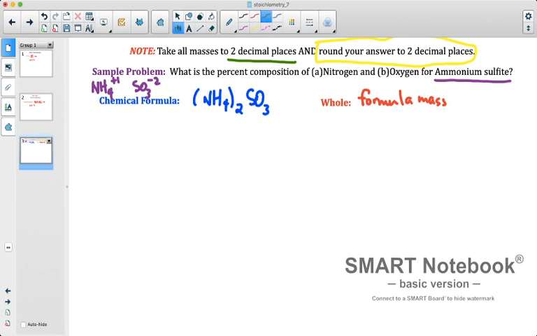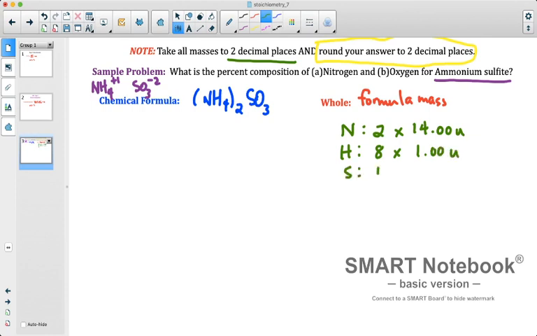I know I have nitrogen, and there happen to be 2 nitrogens. I'm going to multiply by the mass of nitrogen to 2 decimal places, which means 14.00, and I'm going to leave it atomic mass units. Hydrogens, when I look at the formula carefully, I have 8 hydrogens. I'm going to multiply by 1.00 atomic mass units.